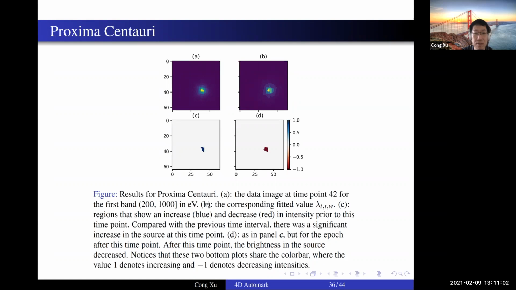So we use the method we mentioned before to detect the key pixels. Before this time point, there is an increase in this region, and after that, there's a decrease in this region. Here we use blue to denote the increase and red to denote the decrease. So that's how the method works.